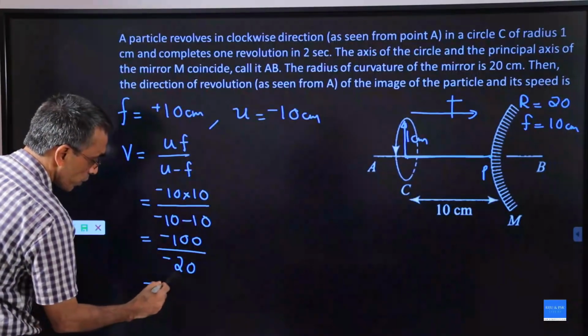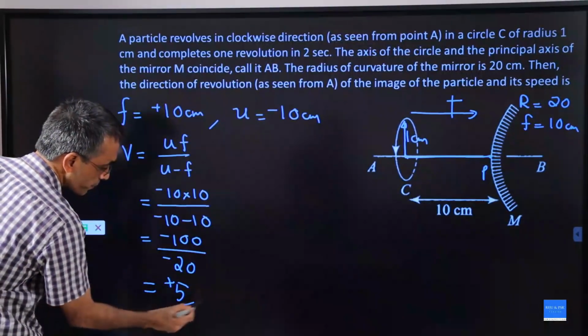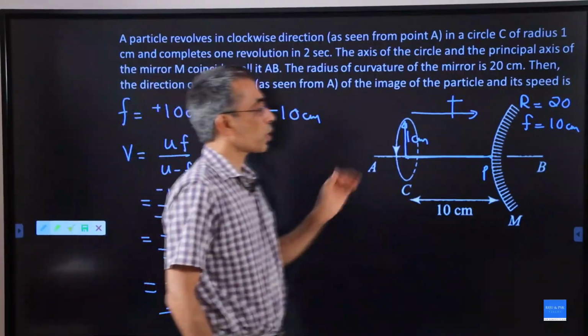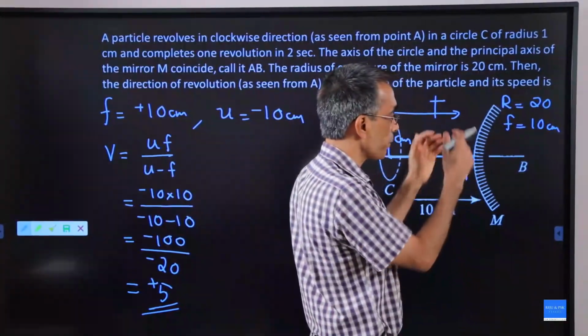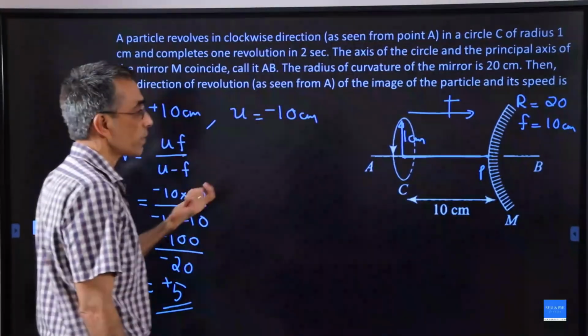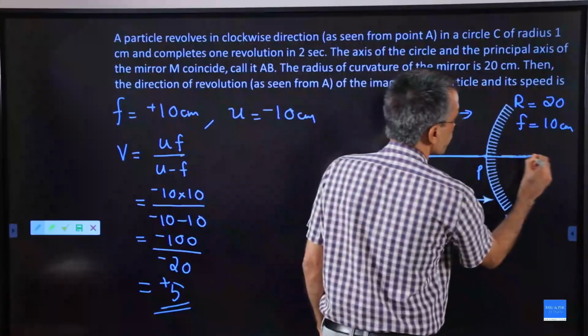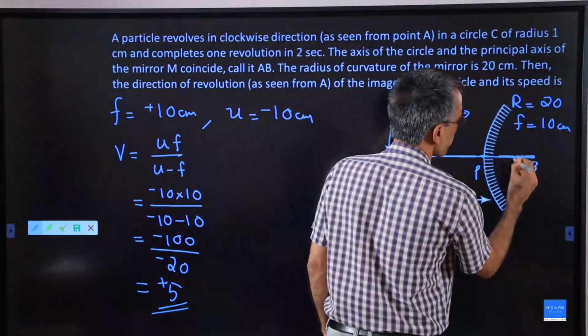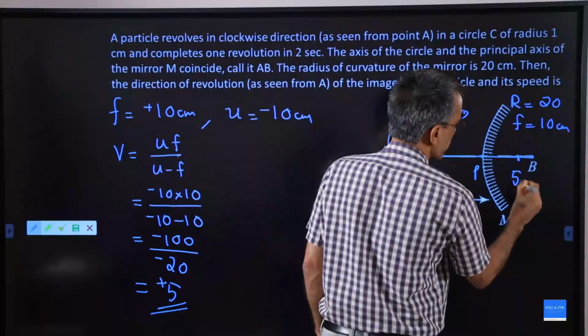So this will give you plus 5. Obviously, a convex mirror will produce images only behind it, which are virtual and erect. So that is plus 5, means from the mirror 5 centimeter backward. So somewhere here, 5 centimeter.